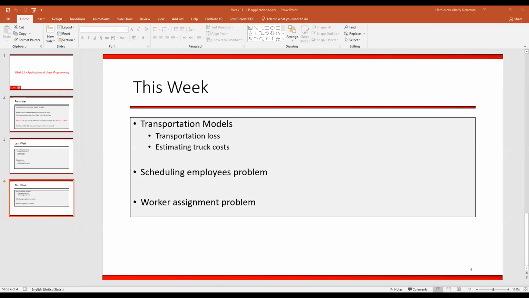I hope you downloaded the five files that I mentioned to you. The first problem that I'm going to look at is the transportation problem. Generally speaking, in transportation problems, let me use my whiteboard.